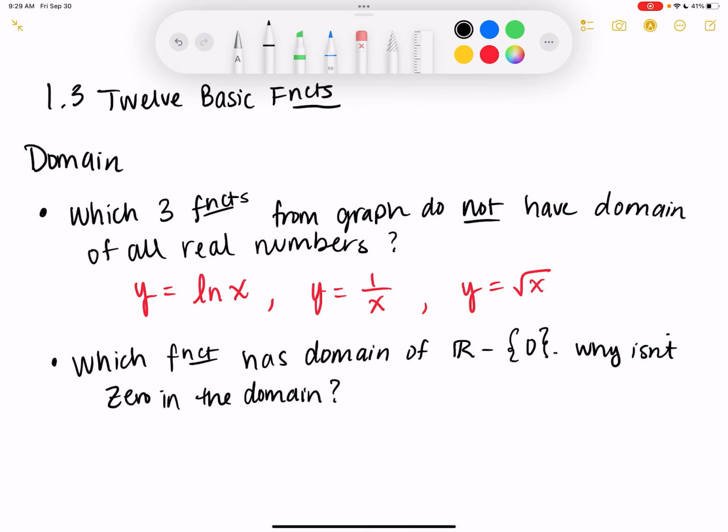So it's got to be one of the 3 we just listed. It's reciprocal, right? Yep. So it's y equals 1 over x. Okay, and we kind of just talked about it. It's undefined at 0, and we have a vertical asymptote at x equals 0.